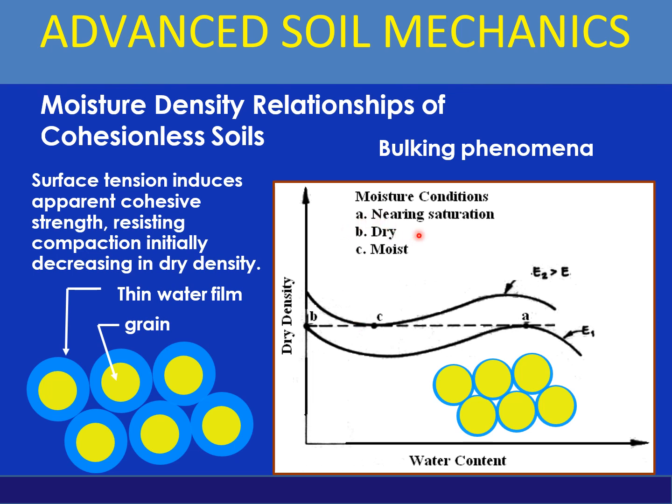Here you can see A point, B point and the C point. A means nearing saturation, B means dry, and C is moist. You can see here the soil is dry, so B point is there, and C the soil is moist, and at A you can see the soil is fully saturated or near saturated condition.